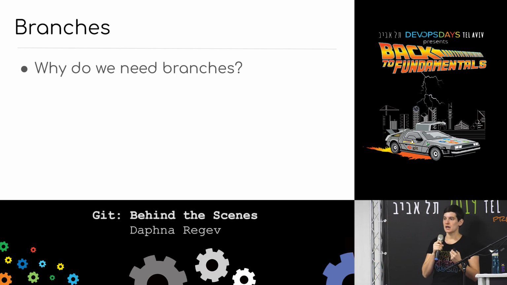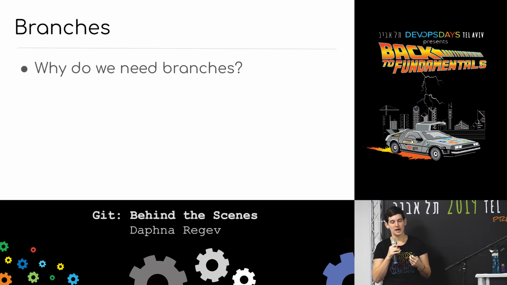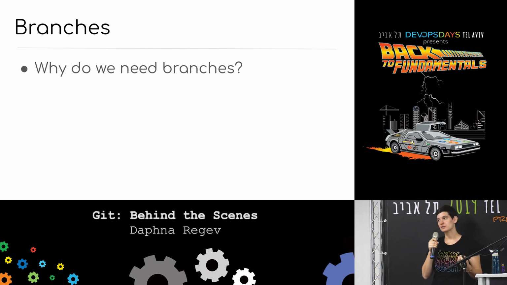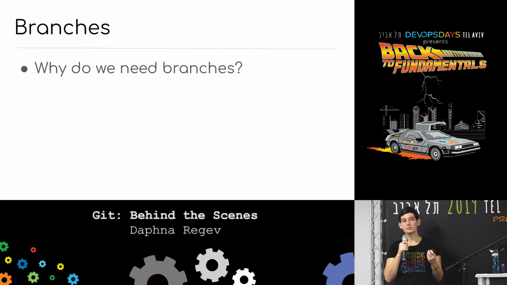But in Git, creating branches and changing to different branches is very fast and very cheap and very efficient. And the reason we want to do this is usually we'll have a main branch, and by default it's called master, of course. And on this branch, we want to have our very stable, thoroughly tested code.